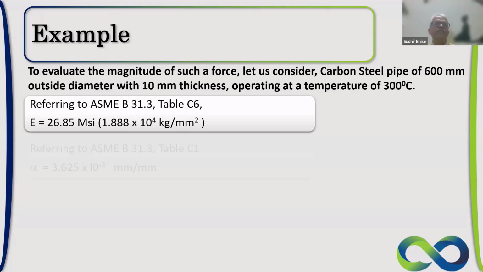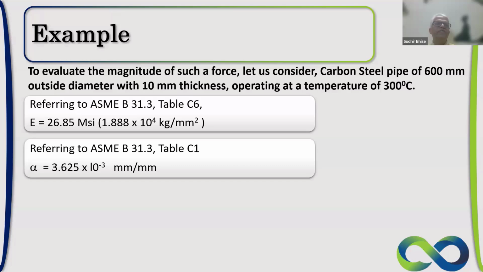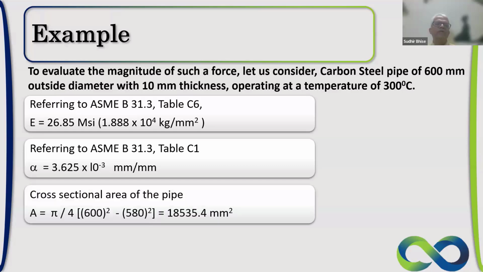So the value of E from table C6, we get some values which are written there. Then again from the same code and appendix, table C1, you will get the value of expansion coefficient alpha, which is 3.625 into 10 raised to minus 3 millimeters per millimeter.